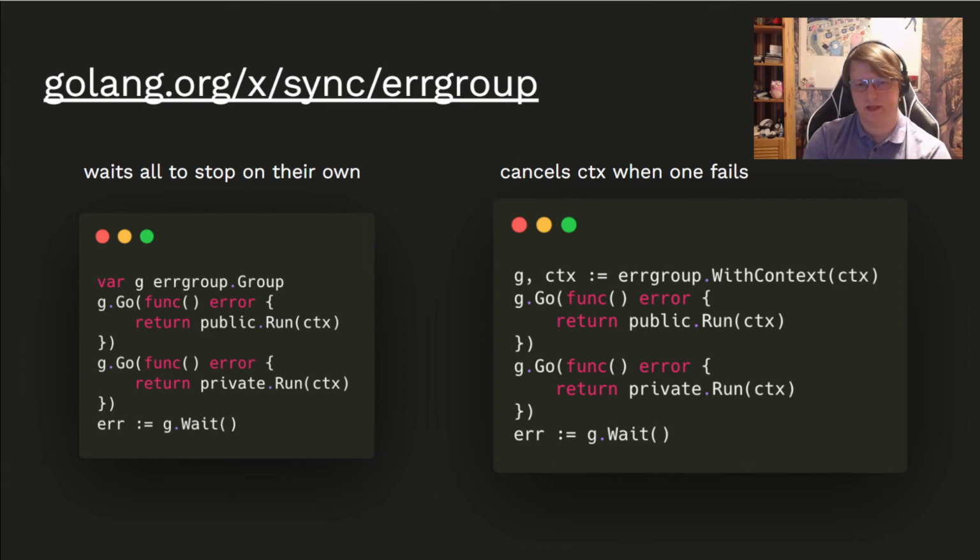The other scenario is where you start the coroutine with a context. If one of them fails, then it will end up canceling the context, and that will in turn cancel those other coroutines that are running in the background.